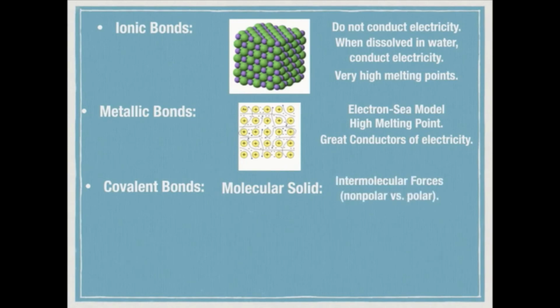Remember, hydrogen bonding would have the highest melting and boiling points, while London dispersion forces would have the lowest melting and boiling points, simply because London dispersion forces are the weakest type of intermolecular force. So those are molecular solids.